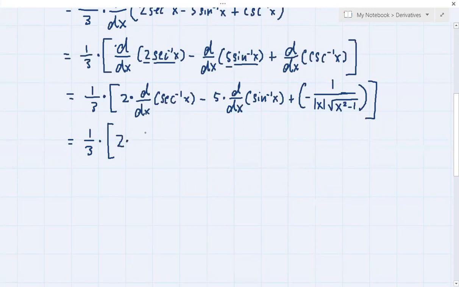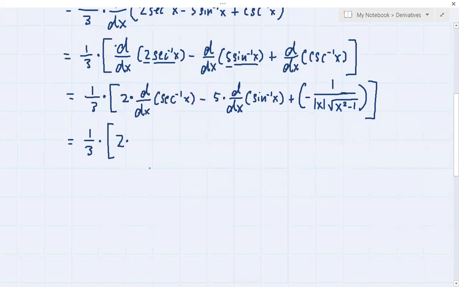Anong derivative ng arcsecond? Kung naalala niyo yung last video na sinabi ko, yung derivative ng arcsecond at saka ang derivative ng arccosecond, halos magkapareha sila. It's just that magkaiba nga lang sila ng opposite signs. Si arccosecond, siya ay negative 1 all over absolute value of x times the square root of x squared minus 1.